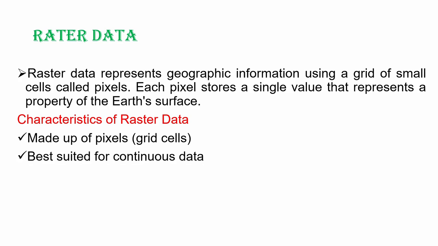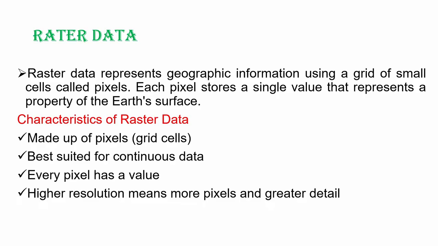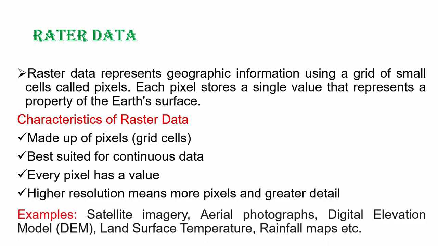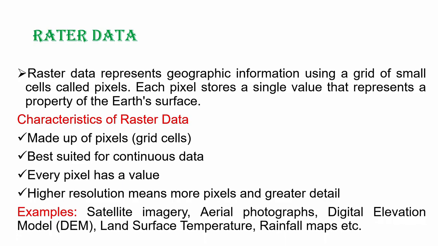Raster data is best suited for continuous data. Every pixel has a value, and raster data with higher resolution means more pixels and greater detail. Some examples of raster data are satellite imagery, aerial photographs, digital elevation models, land surface temperature, and rainfall maps.